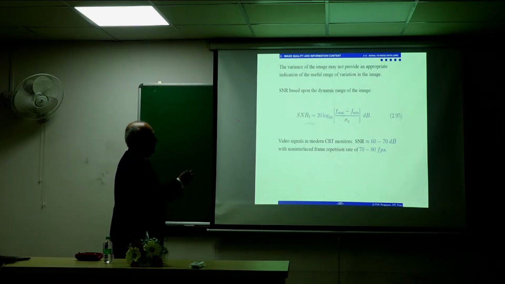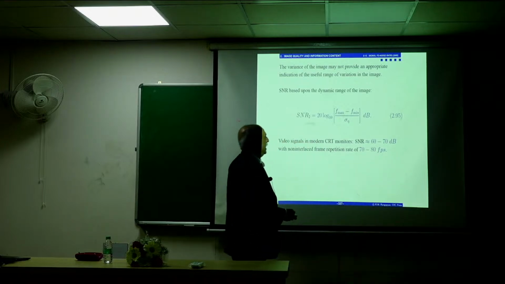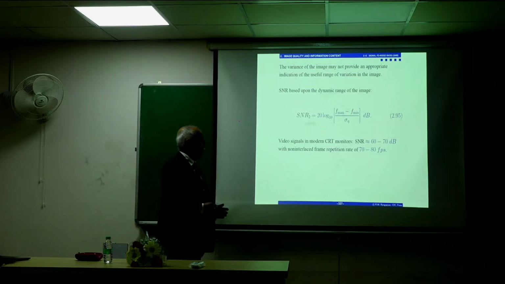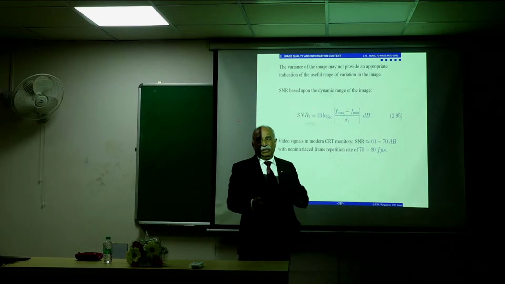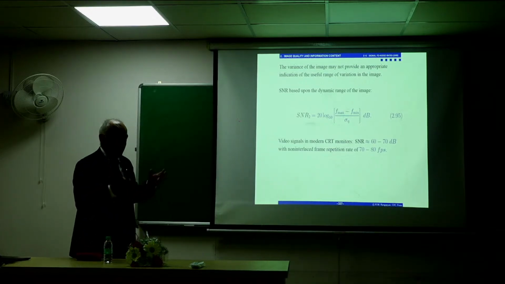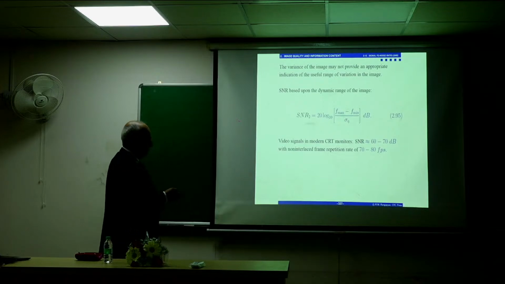Typically, in the days we were doing our research, this was expected to be of the order of 60 to 70 dB. At 40 dB, most researchers were happy. But 60, 70 dB was considered very good signal-to-noise ratio in image display systems. Again, nowadays that's much better. These numbers may not be relevant at this time.